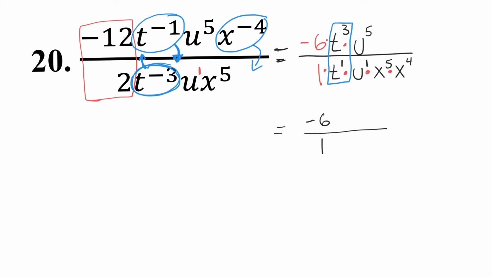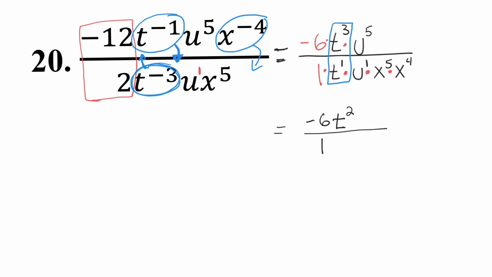There's a trick I show you guys in my classroom where when you are dividing same bases, you are going to subtract the exponents, but you guys keep the base where the highest exponent is at. That's just a trick that you guys can use. So notice the t's, the highest exponent is 3. So I am going to keep that base of t on the top because that is where the highest exponent is at. And you guys subtract the exponents, biggest minus smallest. Just do biggest minus smallest. That's the trick. 3 minus 1, that's going to be 2.